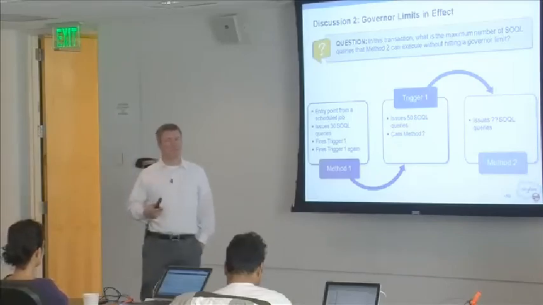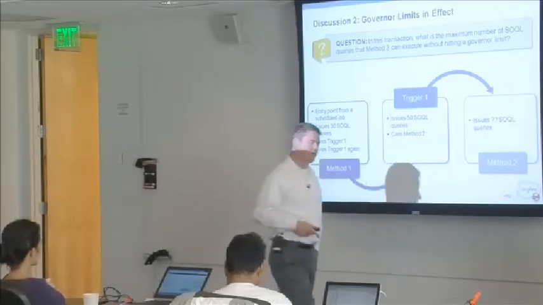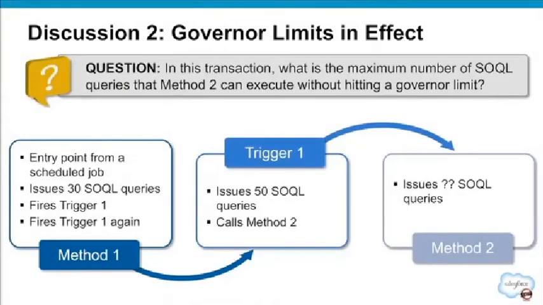All right, so let's take a look at another example, slightly more complex. In this example, we have a method being called, and it fires off 30 SOQL queries. Now, it performs, let's say, 2 DML operations which fire off the same trigger, okay?